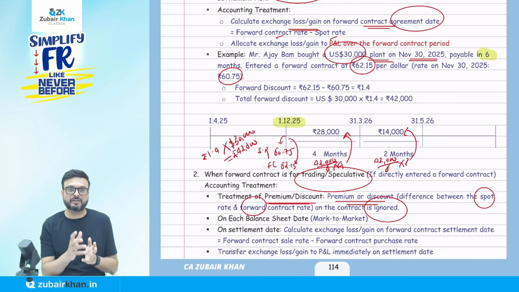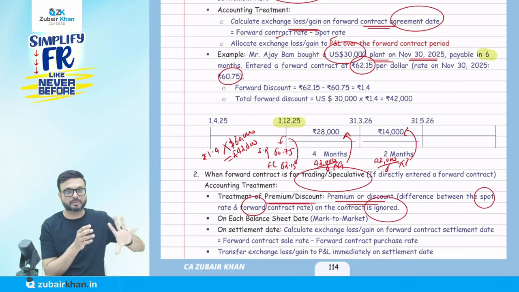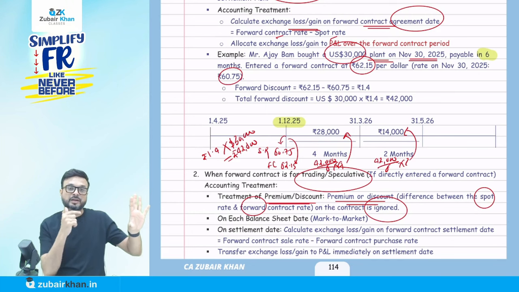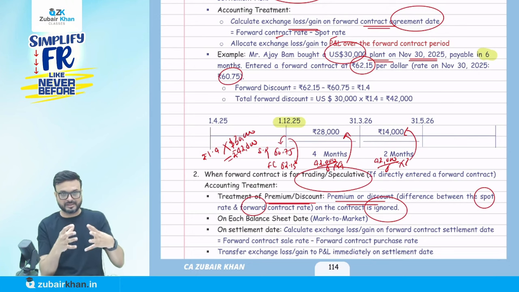On 1st of February the spot rate is $1 equal to 85. We enter into a forward contract that $1 is equal to 87. After 1 month, on 1st of March, I will come and see, we fixed the price at $1 equal to 87.